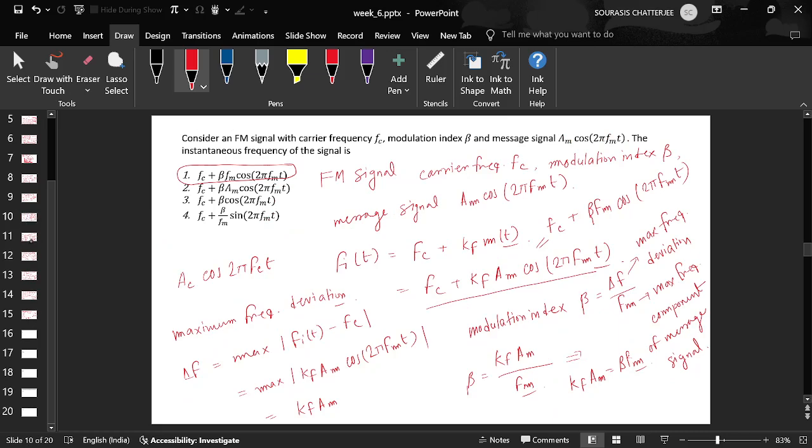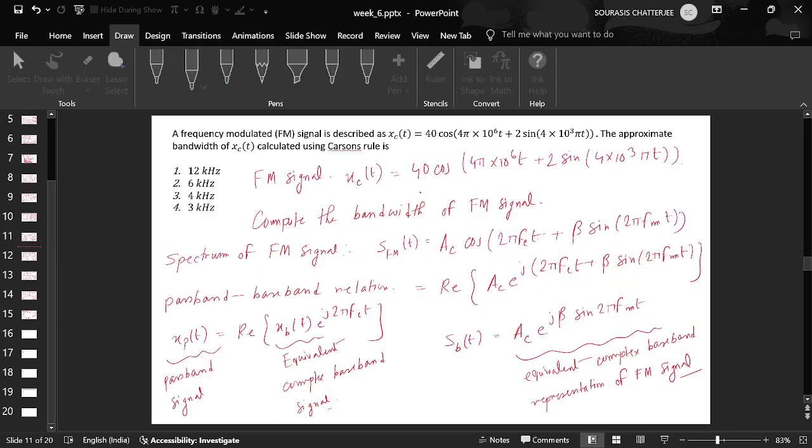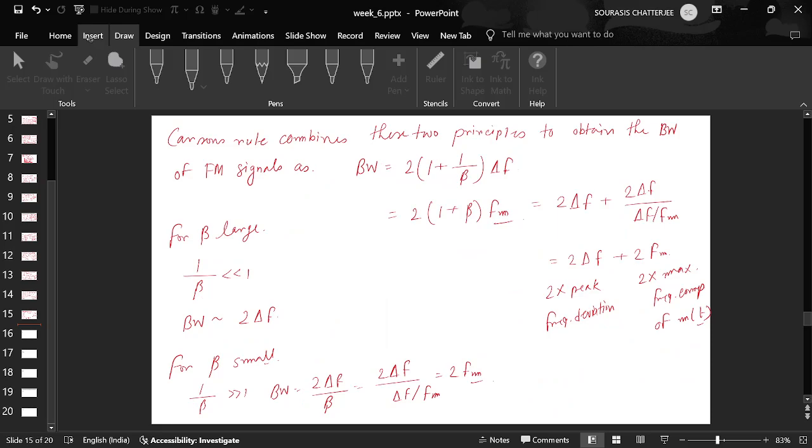So just a minute. Yeah, it's 40 cos 4 pi into 10 to the power 6 t. Okay, I have to write a lot here. Let me introduce a new slide.